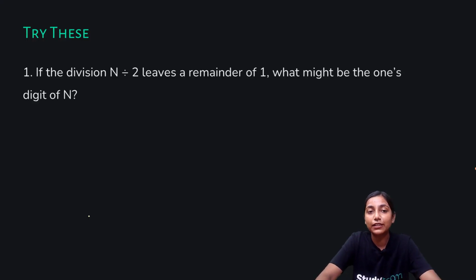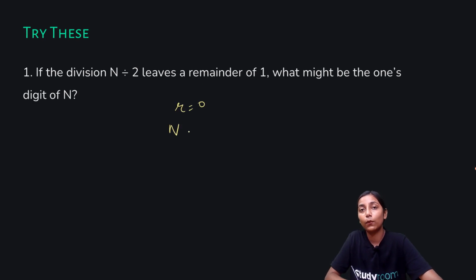So we have this: if the division n divided by 2 leaves a remainder of 1, what might be the ones digit of n? Just like when we had to test here, instead of 2 we had 5. Just the similar way you have to solve this question. Now we know that when n is divided by 2, we have a remainder 0 when n will have the unit digit as 0, 2, 4, 6 or 8.